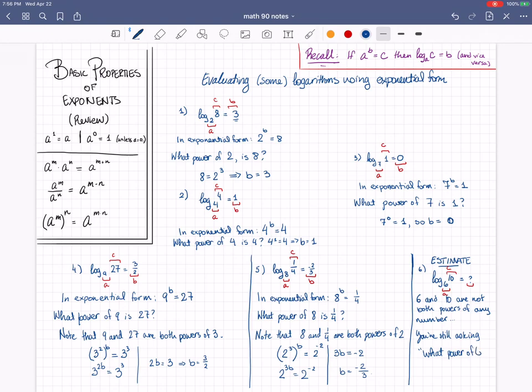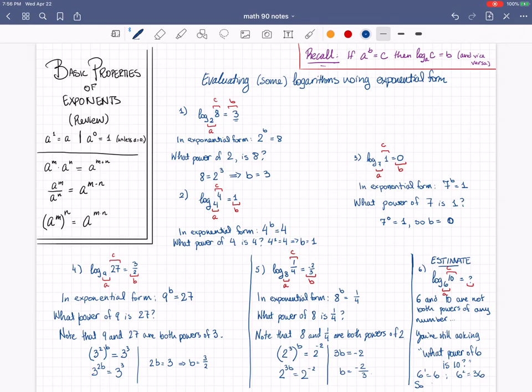And even though you don't know exactly what that number is, you can say that 6 to the first power is 6, and 6 squared is 36. 10 is somewhere between 6 and 36.